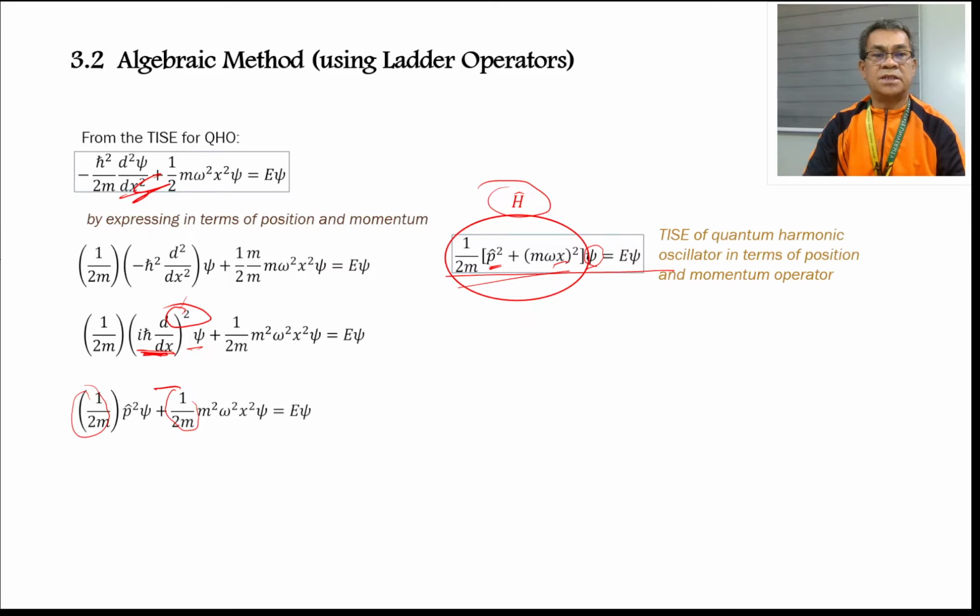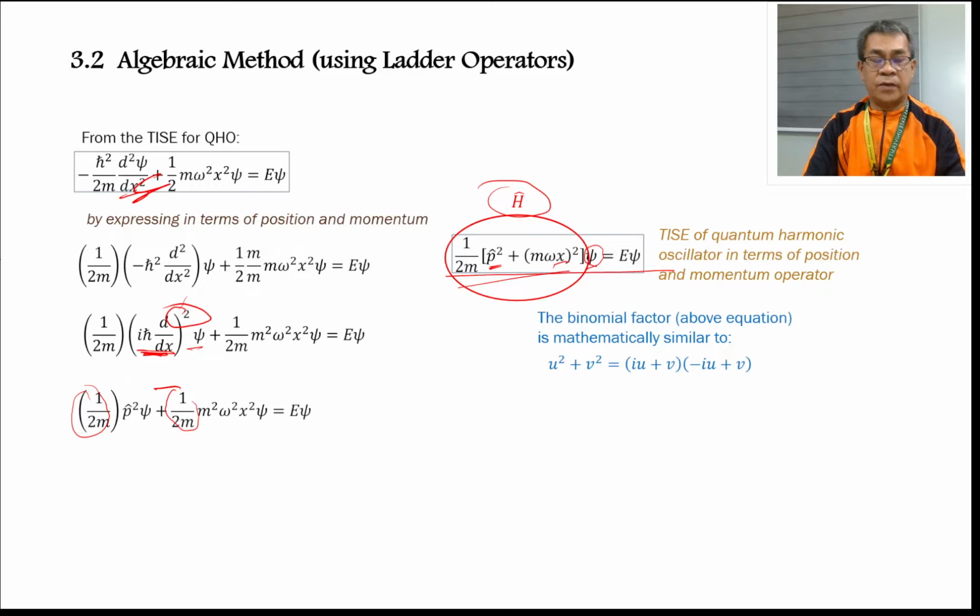So this is now the Hamiltonian of the quantum harmonic oscillator in terms of position and momentum, wherein we know that H hat, the Hamiltonian operator, is 1 over 2m p squared plus m omega squared x quantity squared that acts on psi, and it gives us the eigenvalue energy level times the wave function.